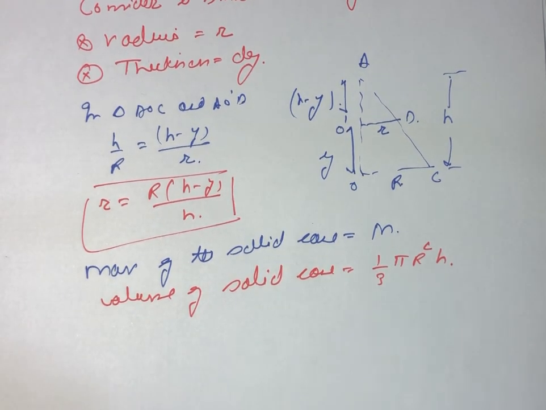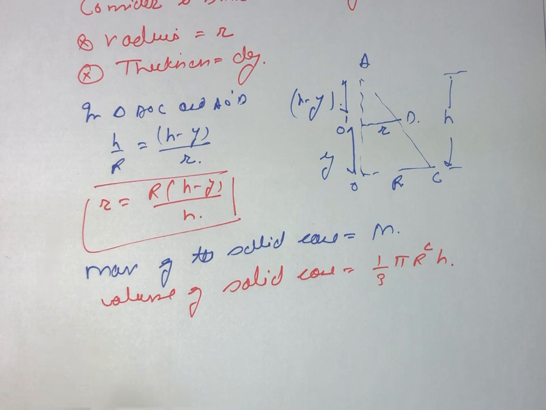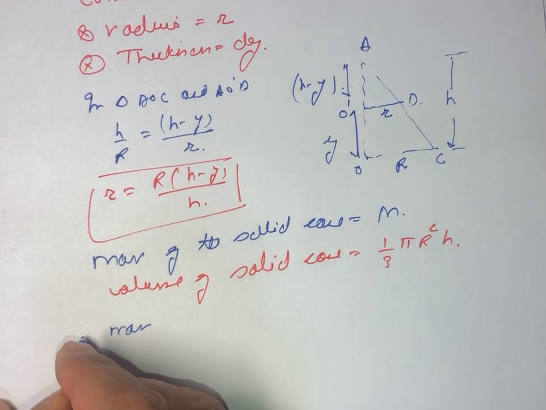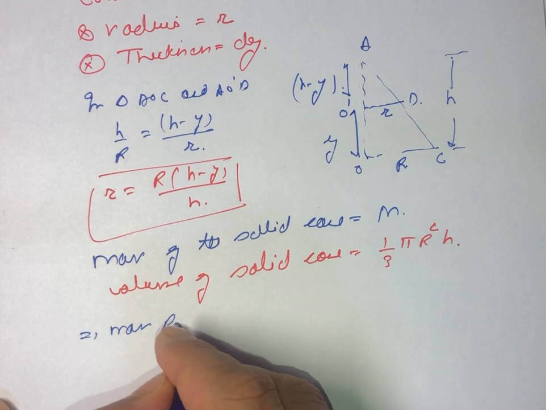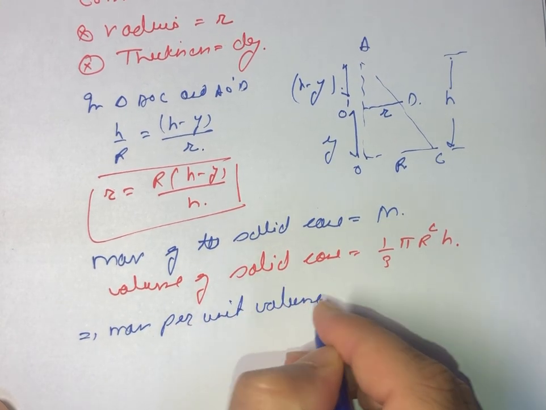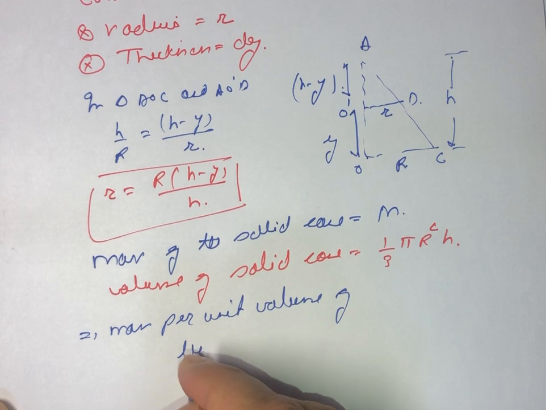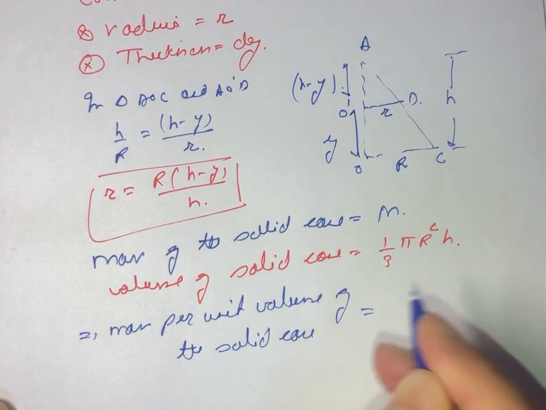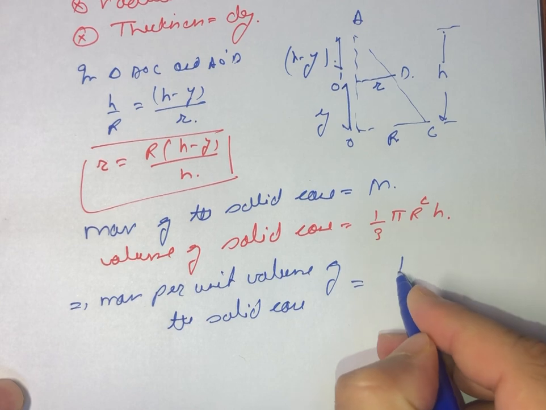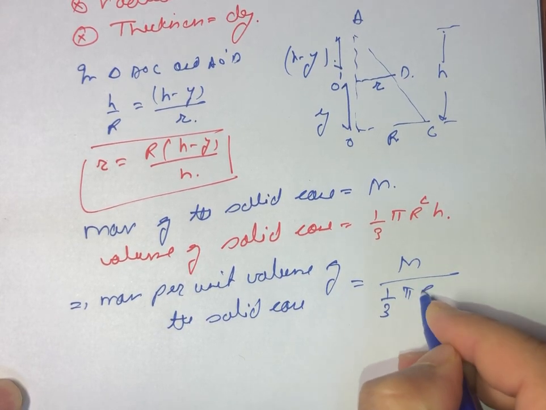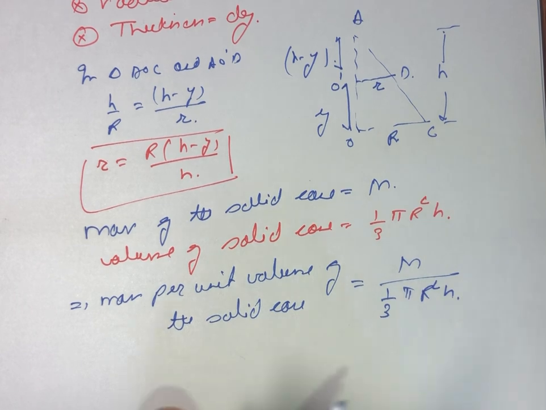So we find out the mass per unit volume of the cone. Therefore mass per unit volume of the solid cone will be M divided by its volume.